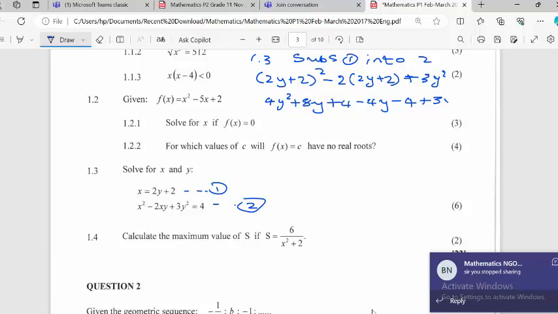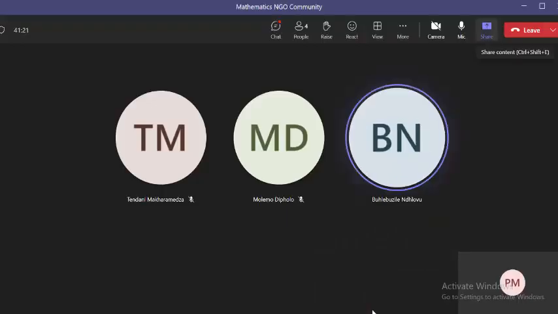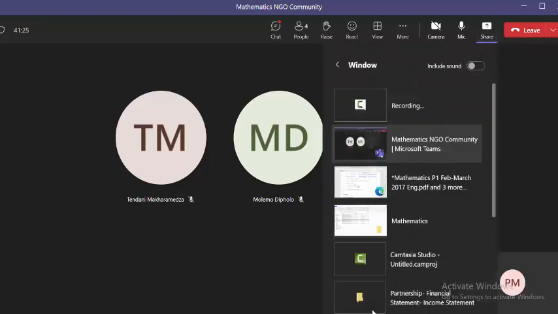Oh, it stopped sharing. Oh my, it stopped sharing. Okay, let me go back. Wow. If it stopped, I did not notice, but I'm going back.